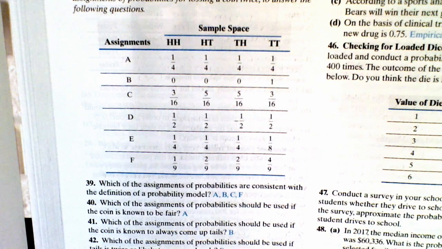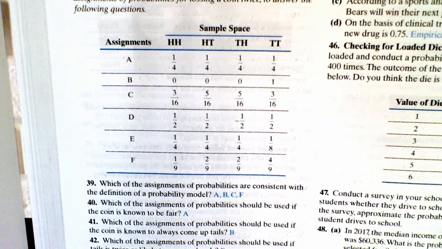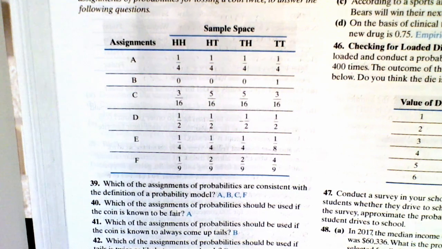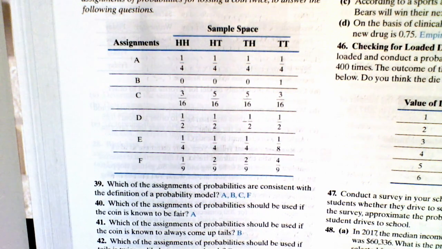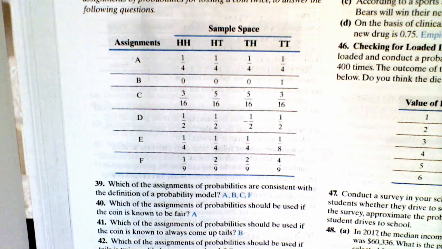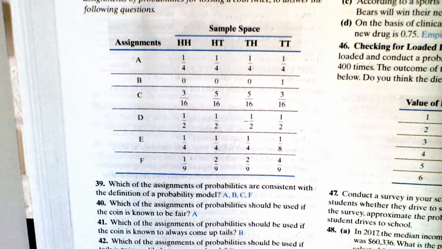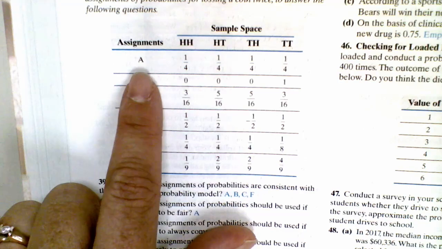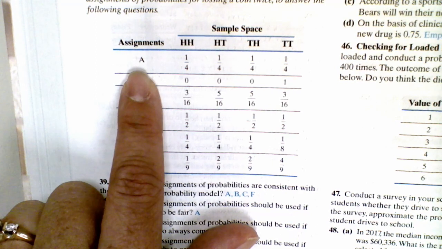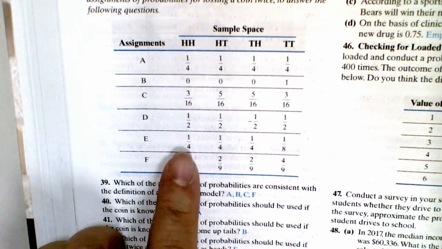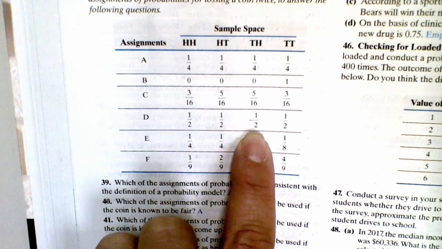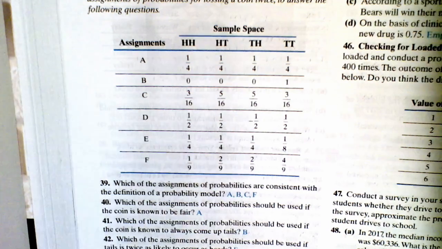So if the coin is fair, then theoretically heads and tails should be equally likely. So then we're looking for the assignment where each of the outcomes has the same probability. So we'd be looking at this one, because it's the only one where they're all the same and it actually makes sense. Because D doesn't, you've got a negative, right? Probability can't be negative. That's impossible.